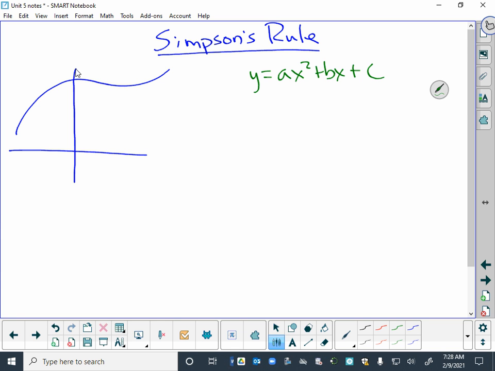Our quadratics look like y equals ax squared plus bx plus c. It takes 3 points to determine a quadratic. We'll center this around the origin because side to side shifts are not going to change the area under here. We'll call these points negative h comma y0, 0 comma y1, and h comma y2.